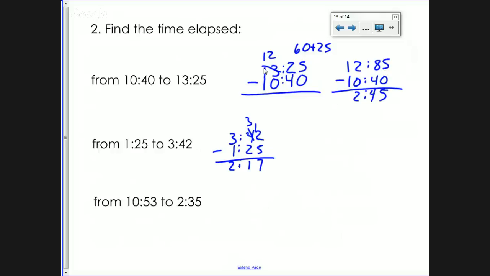10:53 to 2:35. In this case, we would like to convert our time to 24-hour time. So 12 plus 2 is 14:35. Take away 10:53. And we do need to borrow.